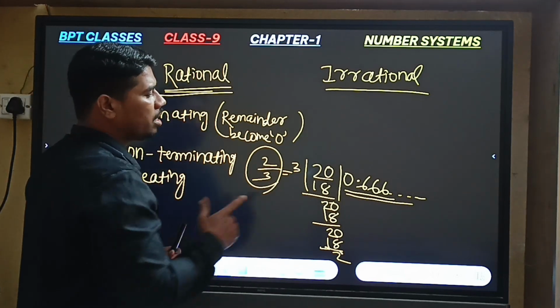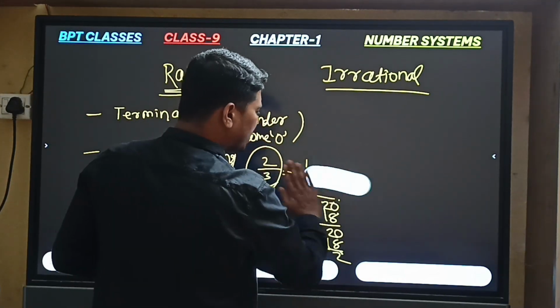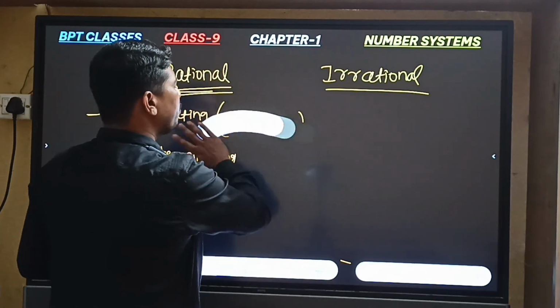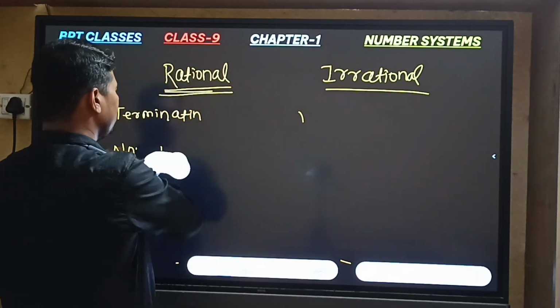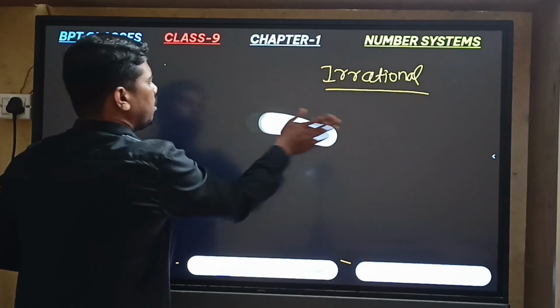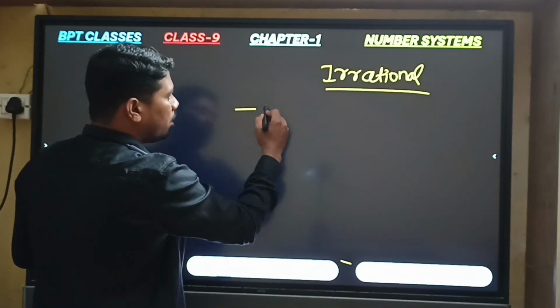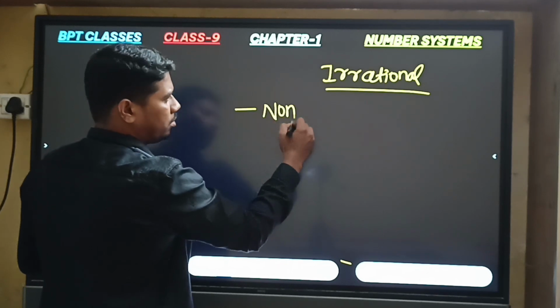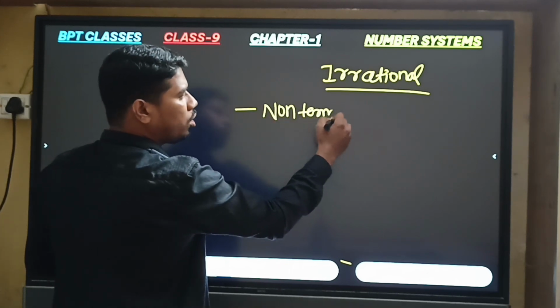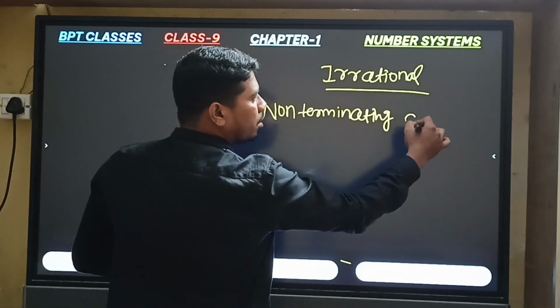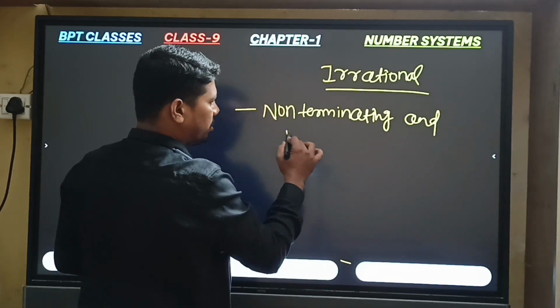Now think about irrational numbers. What is an irrational number? An irrational number is non-terminating and non-repeating.